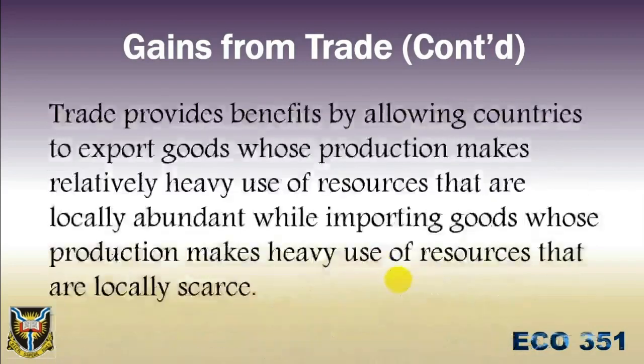Trade provides benefits by allowing countries to export goods whose production makes relatively heavy use of resources that are locally abundant, while importing goods whose production makes heavy use of resources that are locally scarce. The model that demonstrates this will be provided in Chapter 4.